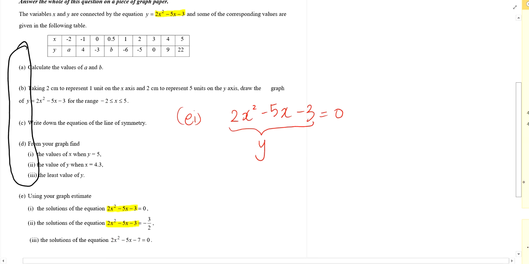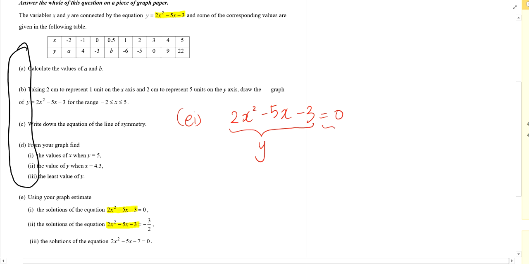It's a parabola. Then I just need to copy down all these equals to 0. Write down the word draw. So by drawing the graph of y equals to 0, which we all know is the x-axis, we are able to find the points of intersection, and the x coordinates of these points of intersection will be my solution or roots to E part 1.